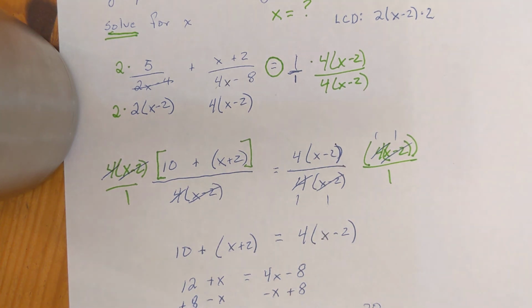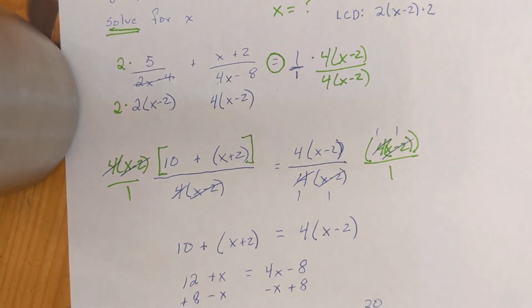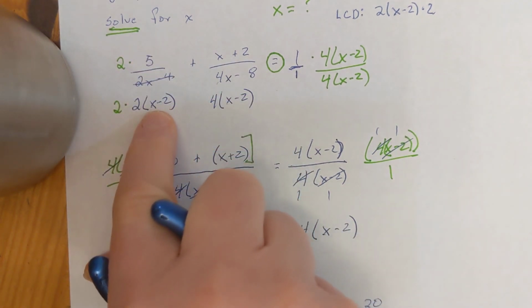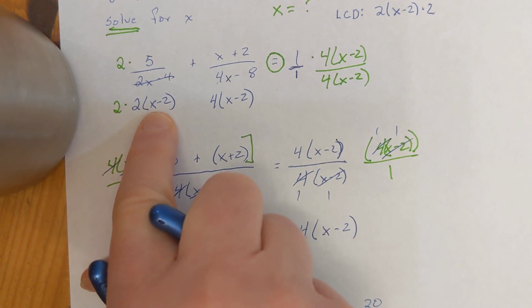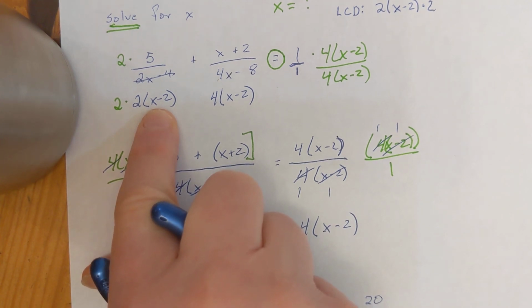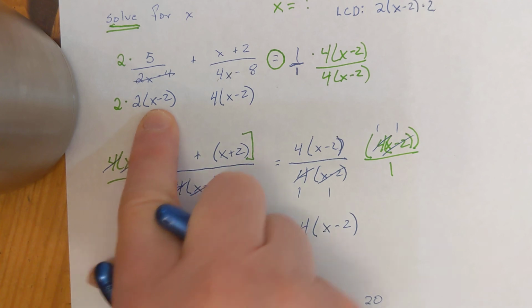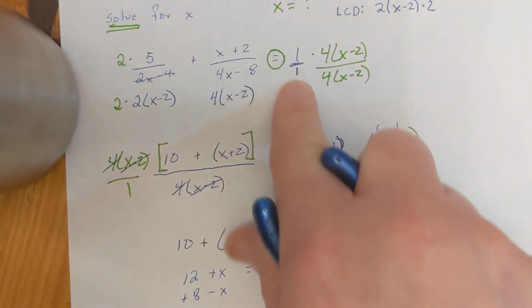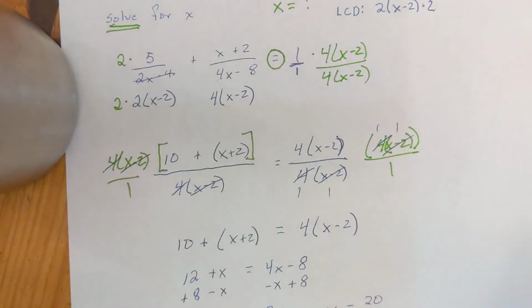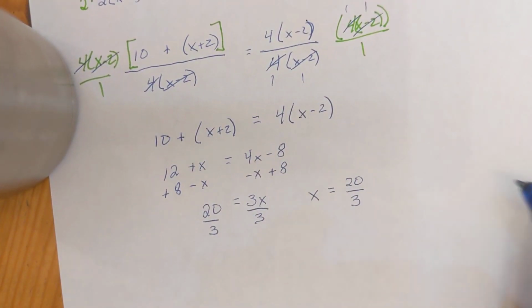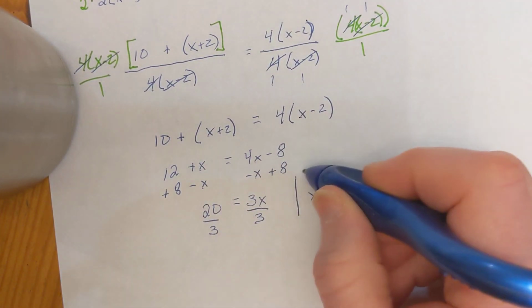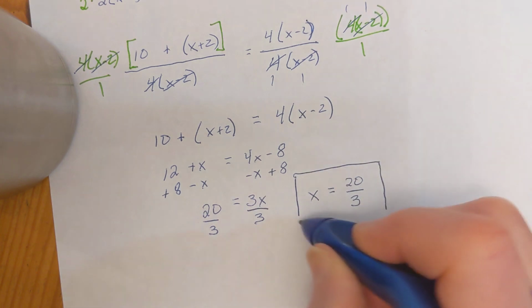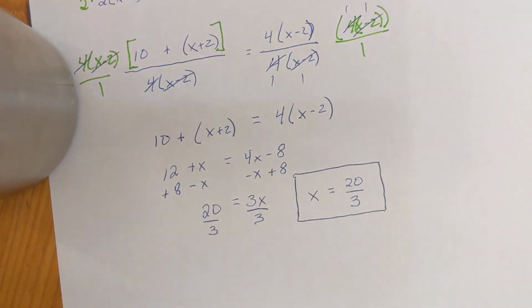So I have to check my x equals 20/3 and make sure up here that if x is 20/3, I'm not dividing by 0. No, that still gives me a real number. This still gives me a number other than 0. And this was 1 to begin with, so I'm fine there. So my solution is a real, an existing solution, and it is x equals 20 over 3.